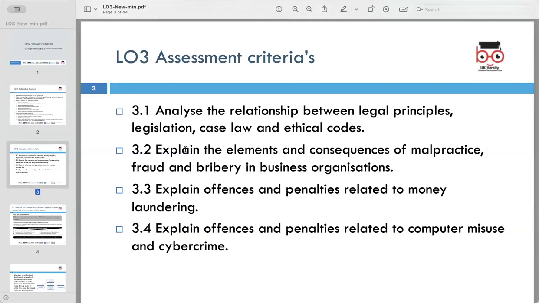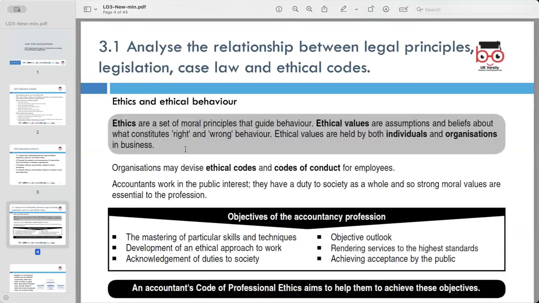Then explain the elements and consequences of malpractices, fraud, and bribery in business organizations. Explain offenses and penalties related to money laundering, and finally offenses and penalties related to computer misuse and cyber crimes.